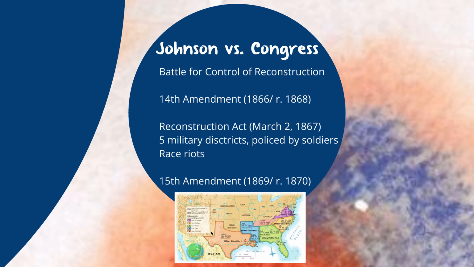Now, this pretty much describes the relationship between the president and the Republican Congress for the rest of his term. They really do not like him, and he doesn't like them either. And this is one of those times where it's pretty interesting how Congress, it's supposed to be that our government is divided equally among these three branches, right?